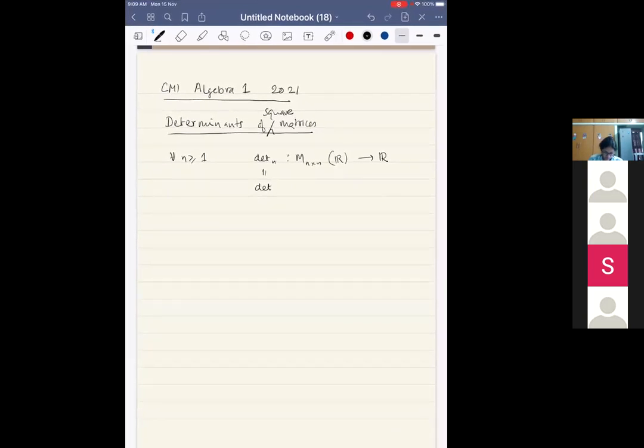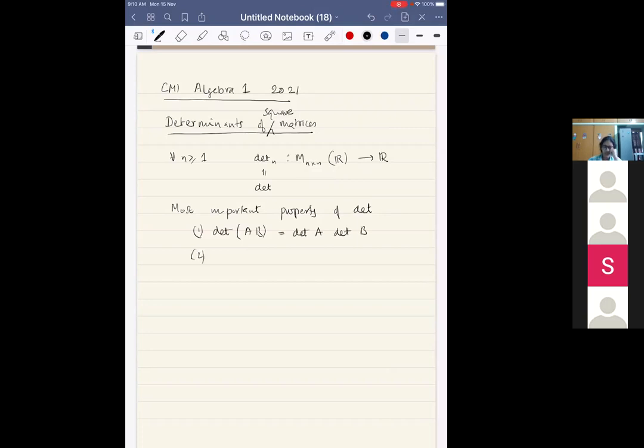Most importantly, one, it is multiplicative. If I take two square matrices of the same size and multiply them, the determinants multiply.